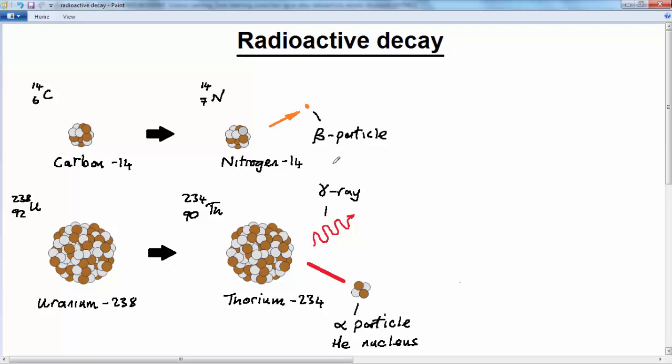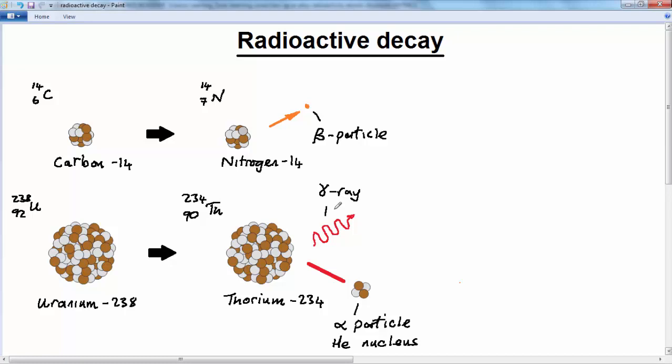So we'll talk about that in the next lesson. Really, in this lesson we're just introducing these three types of radiation. So we've got the beta particles, high energy electron, alpha particles, high energy helium nucleus, and gamma radiation, which is a form of very high energy electromagnetic radiation.